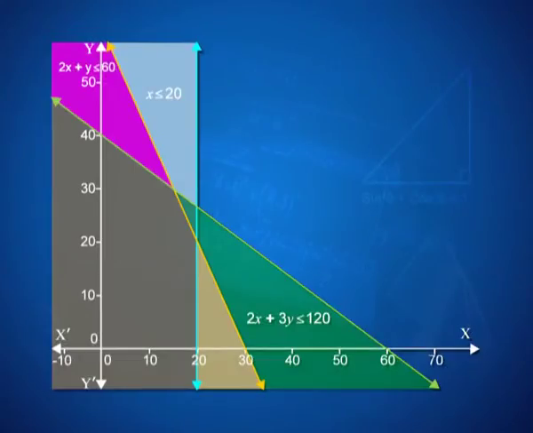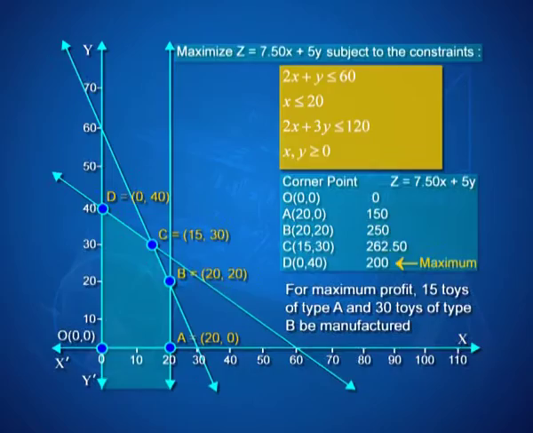So, here we have a bounded region which represents the feasible solution for the problem which had the constraints 2x plus y less than equal to 60, x less than equal to 20, 2x plus 3y less than equal to 120 and x and y greater than equal to 0. So, as in this figure, the shaded region is the feasible region.